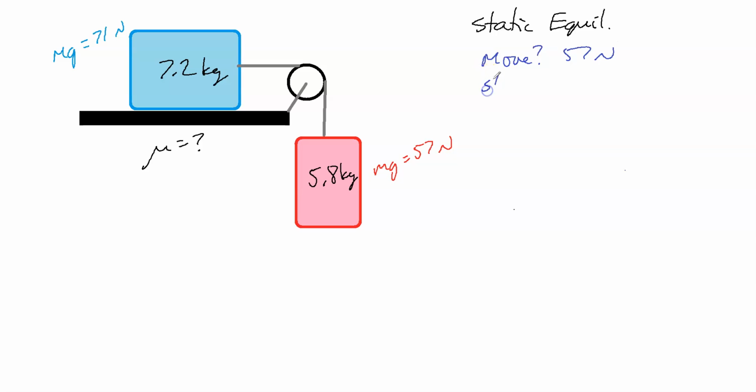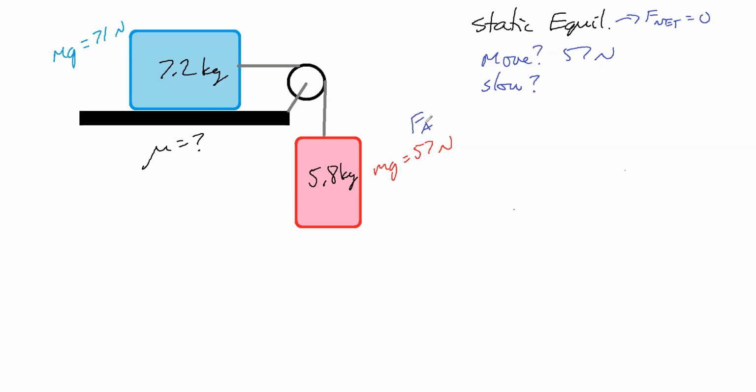So let me ask this, how much is trying to slow it down? Well, if this thing is in static equilibrium, this tells me that my net force has to be equal to 0. All the forces cancel out. So I've got the applied force, that 57. I've got an applied force of 57 newtons trying to pull it down.